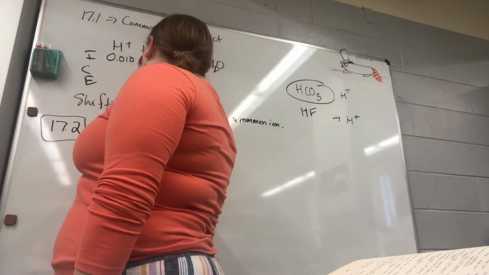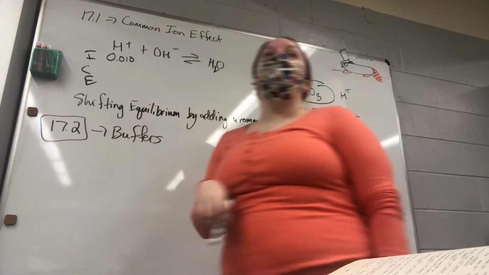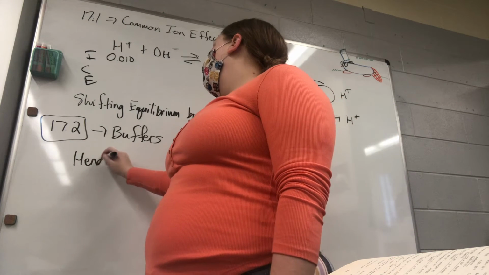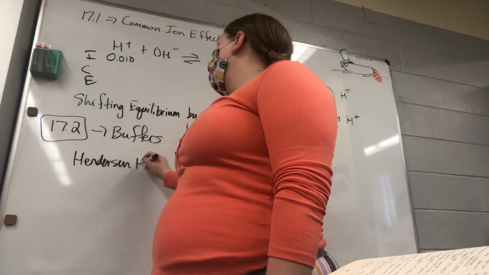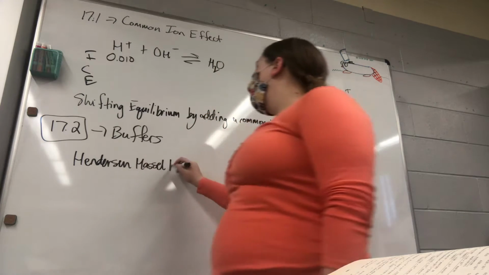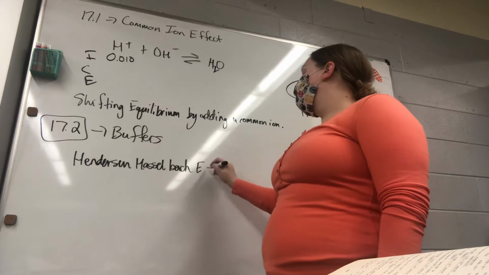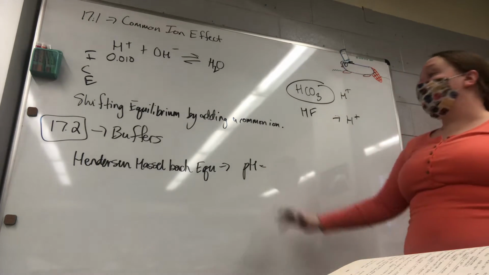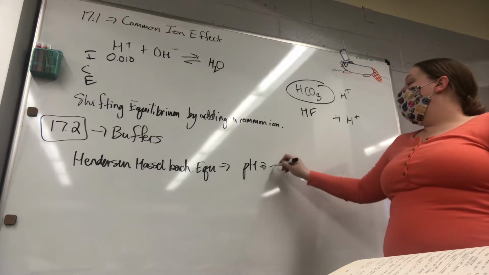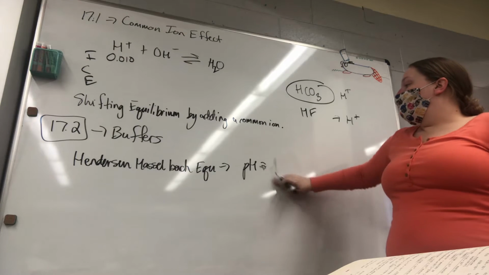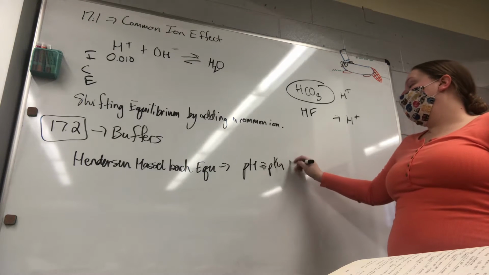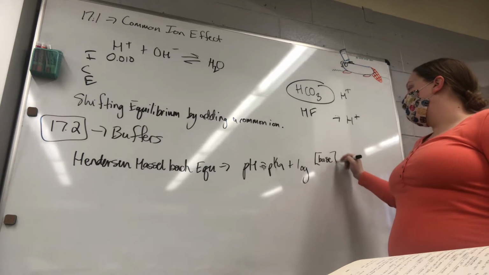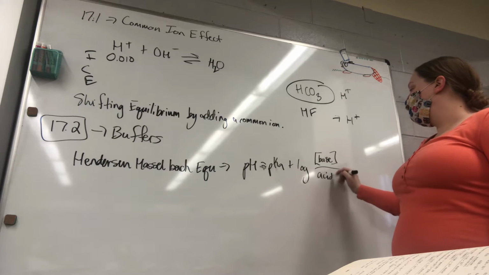And in the buffers topic, we introduced a pretty useful equation called the Henderson-Hasselbalch, which says that a pH can be calculated for a buffer, pKa, plus the log of our base concentration over our acid concentration.